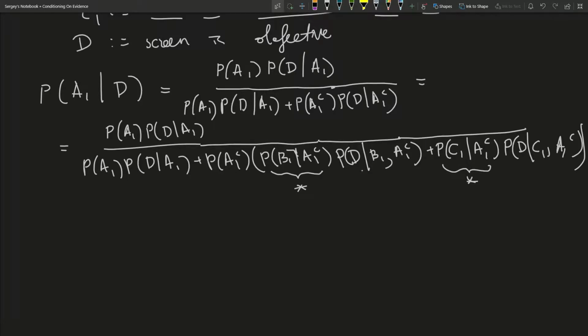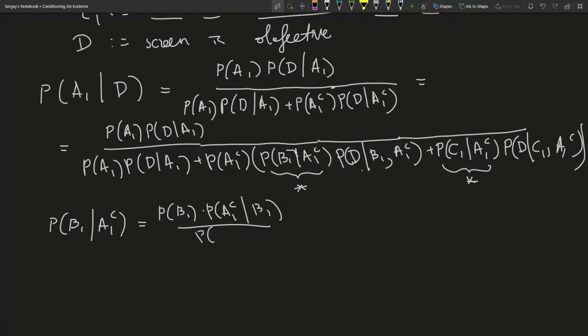To find this, again, we can apply Bayes' rule, and we can say the probability that a screen is manufactured at company B, given that it's not manufactured at company A, is the prior probability of it being manufactured at company B times the likelihood of it not being manufactured at company A, given that it was manufactured at factory B, over the probability of it not being manufactured at company A.